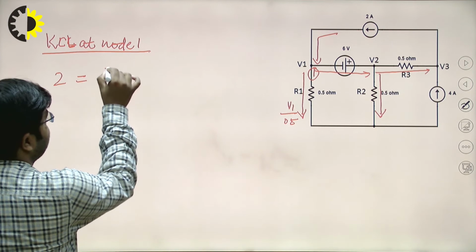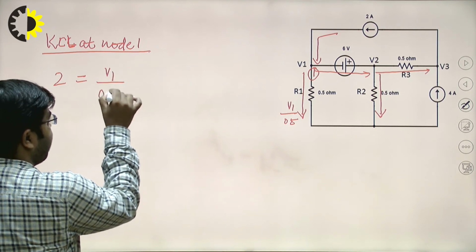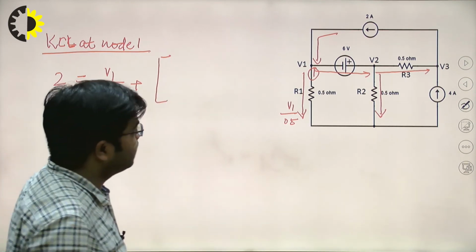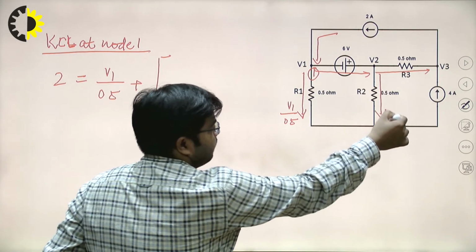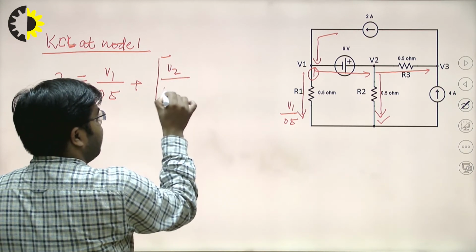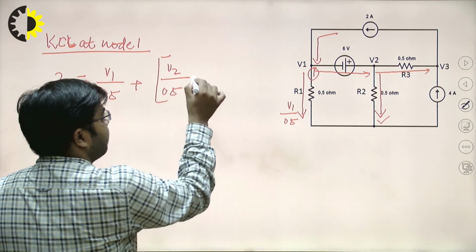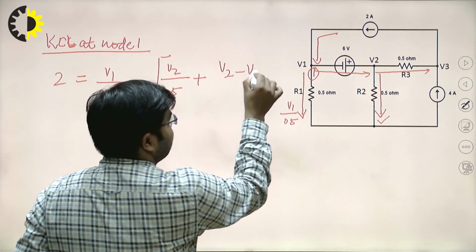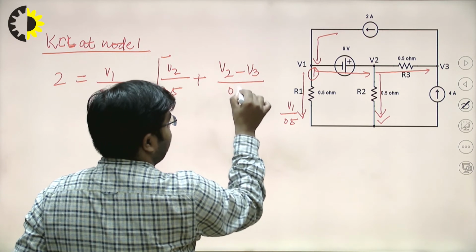So V1 divided by 0.5 plus V2 divided by 0.5 plus V2 minus V3 divided by 0.5.